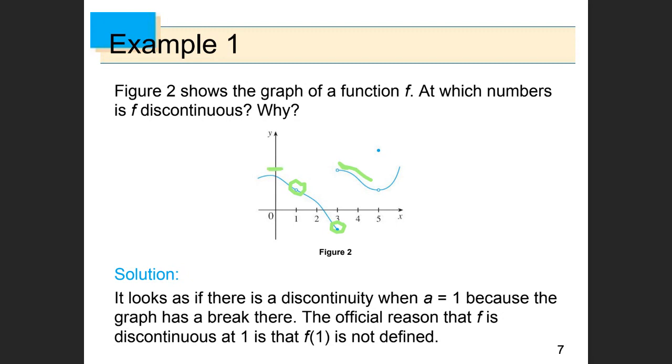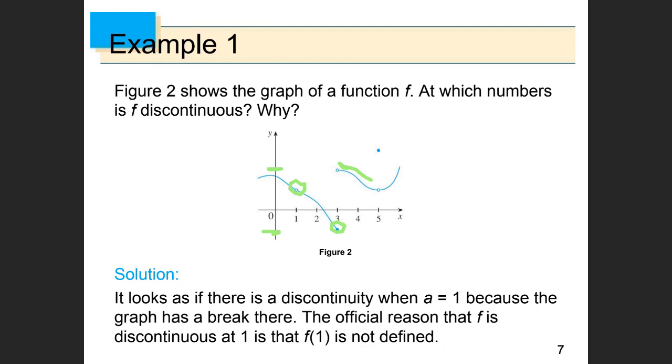When you're approaching from the left, you're going to get some y value down here. You see those two numbers, they're different. Because the limit from the left of 3 and the right of 3 are different, you say that the limit does not exist. So property number 2 fails. And in conclusion, we say that it's discontinuous at x equals 3.